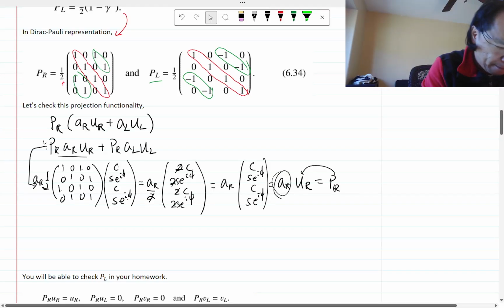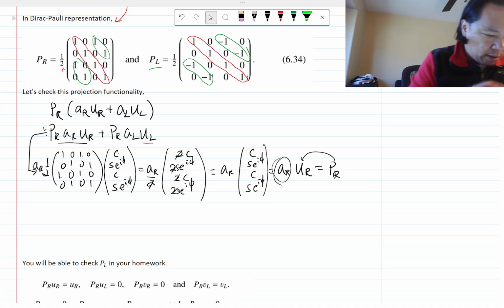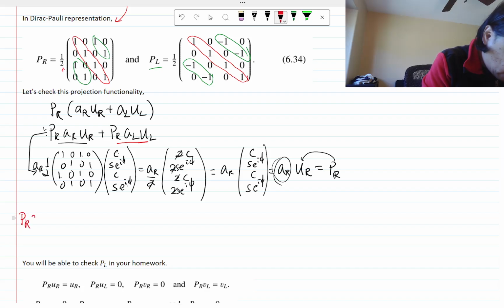All right, and now let's do the other one. Let's do that in red. So how do we deal with this one? PR AL UL.